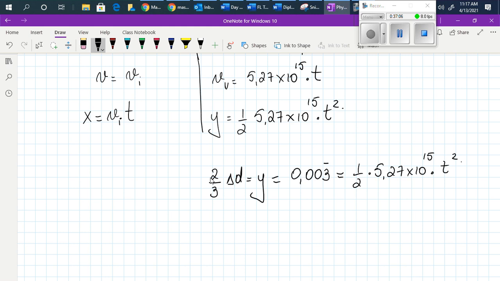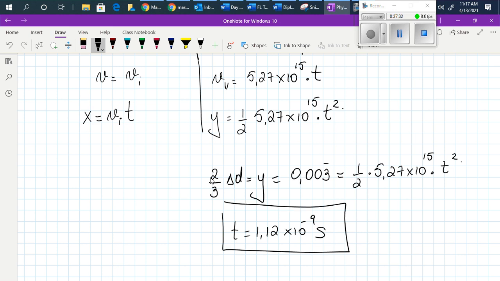And finding the time will be divided by 5.27 times 10 to the power of 15. Don't forget to square root it. The time will be 1.12 times 10 to the power of -9 seconds.